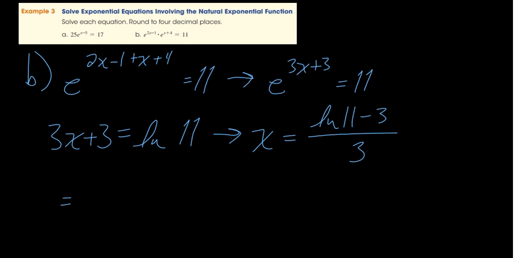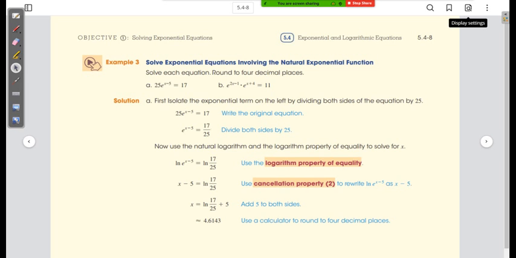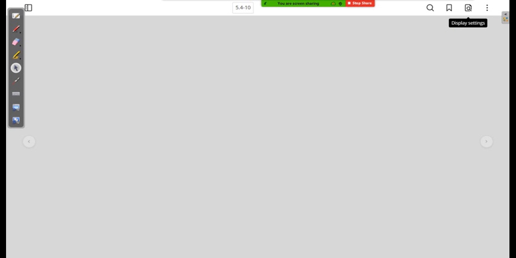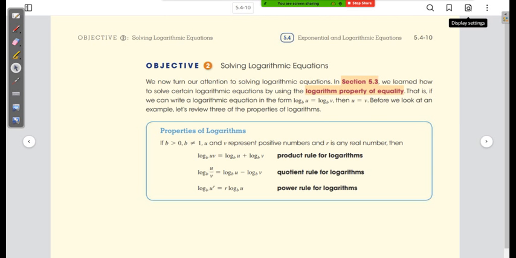So we've got negative 0.2007. And that's example 3. All right, this is good.